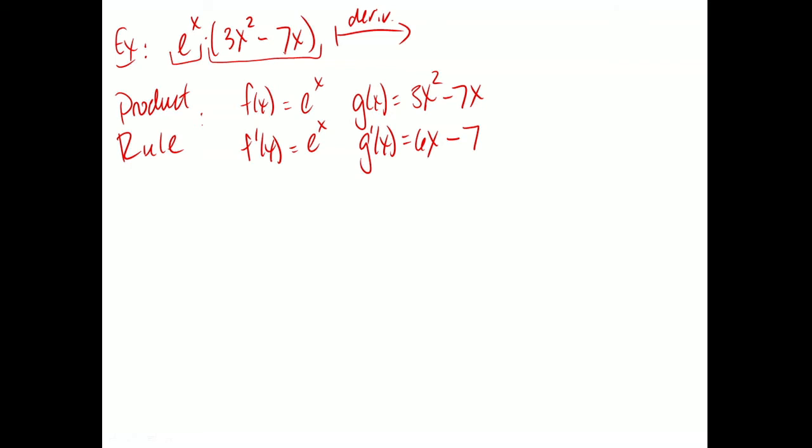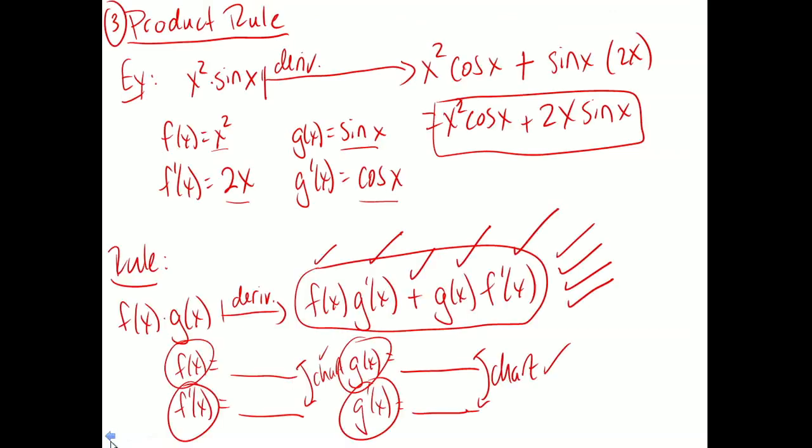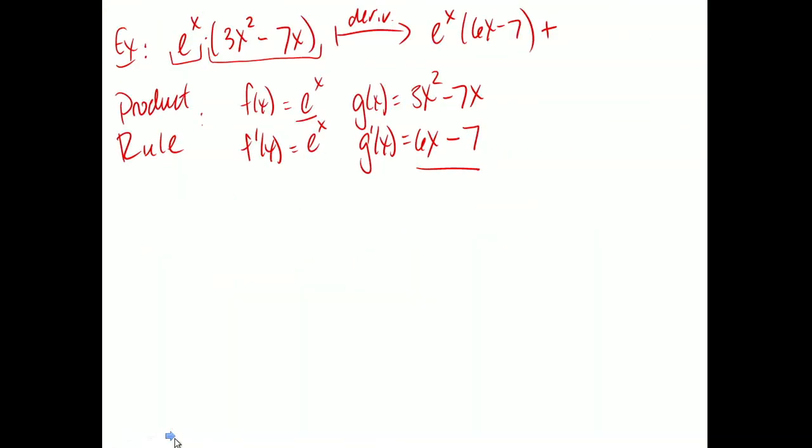Let's see. What does the product rule say? It's on the previous slide, but I remember it anyway, right? So it should be the first guy, f, times the derivative of g, plus, sorry, now I don't remember which order I listed it in. Okay, g, that's this guy, times the derivative of f, which is e to the x.